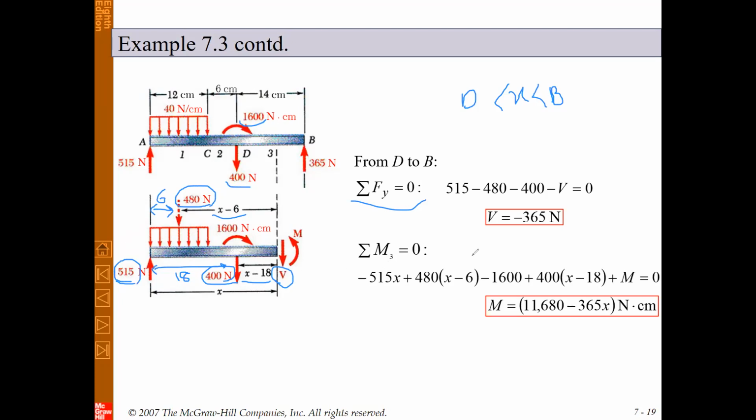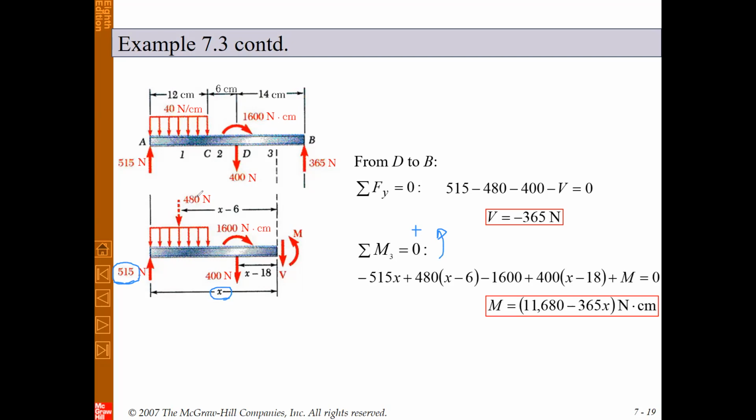If you simplify this equation, you can obtain that V, the shear force in this interval, is minus 365 Newton. And again, if you write the moment equation about this point, we will have a moment due to this force 550 Newton. We assume that the counterclockwise direction is positive. So we will have a moment due to this force 550 Newton, which is positive, multiplied by its arm, which is x.